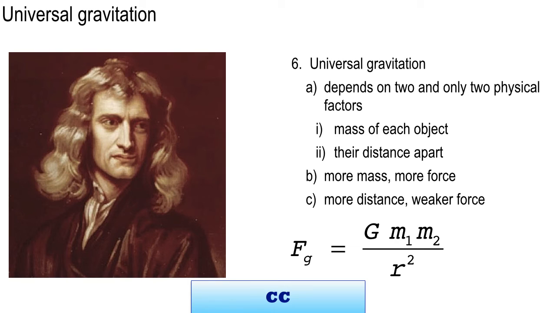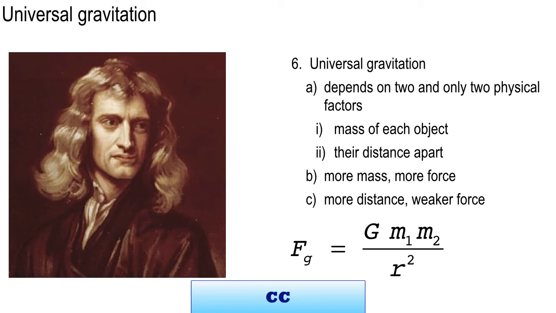And that is because the force has to be in kilogram meter per second squared. It has to be newtons in the metric system. But if my numerator is just m1 times m2, that's kilograms squared in the numerator. My denominator is just meter squared, because that's the square of a distance.